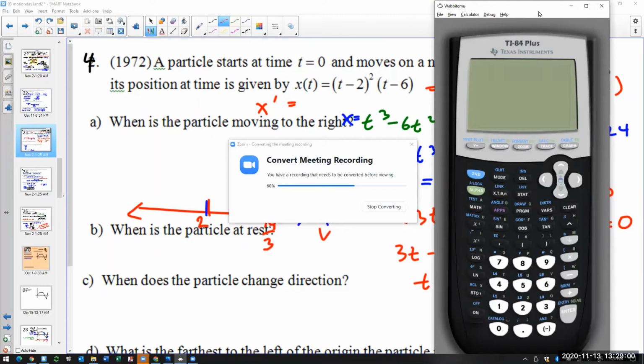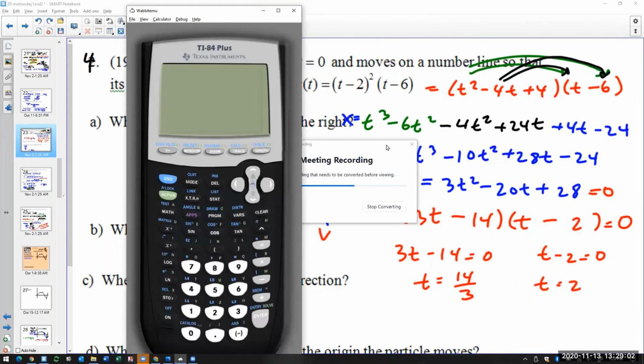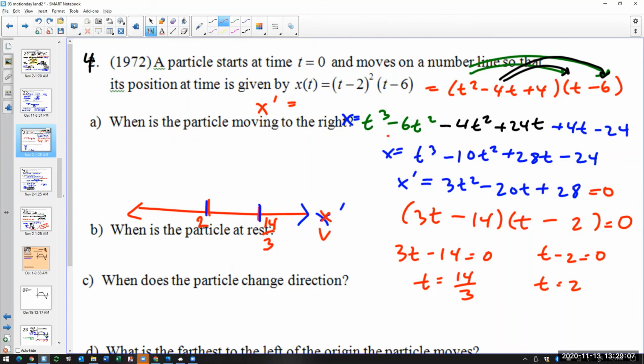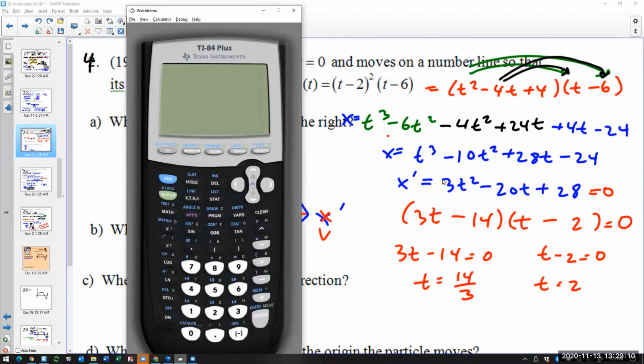Okay, what is my velocity? So just stick in the derivative, this 3t squared minus 20t plus 28. Go ahead and stick that into your calculator. See what it looks like. So I'm going to put in 3x squared minus 20x plus 28.